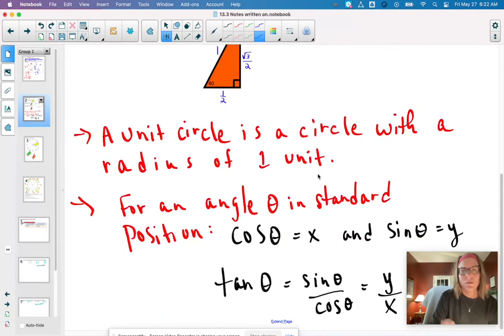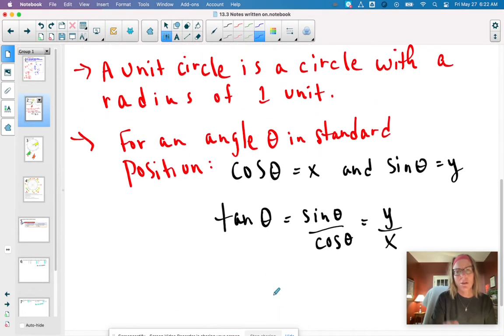I'm going to scroll down. I wrote this ahead of time to save on time in the video. You might need to pause this because you should be writing this down in your notes. A unit circle is a circle with a radius of 1 unit.